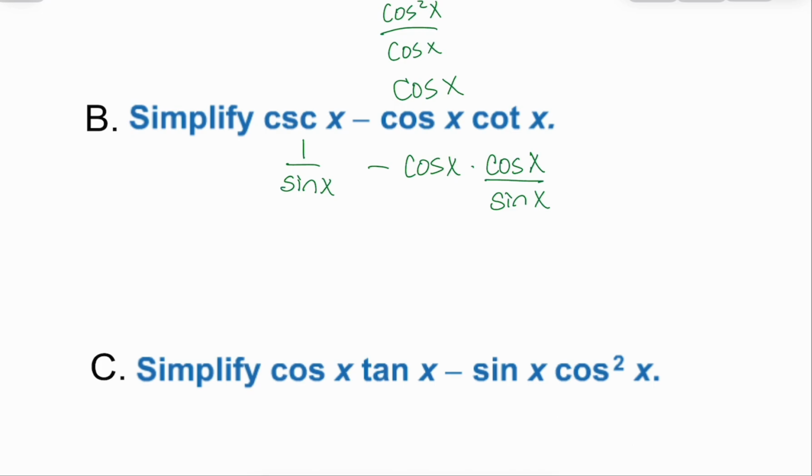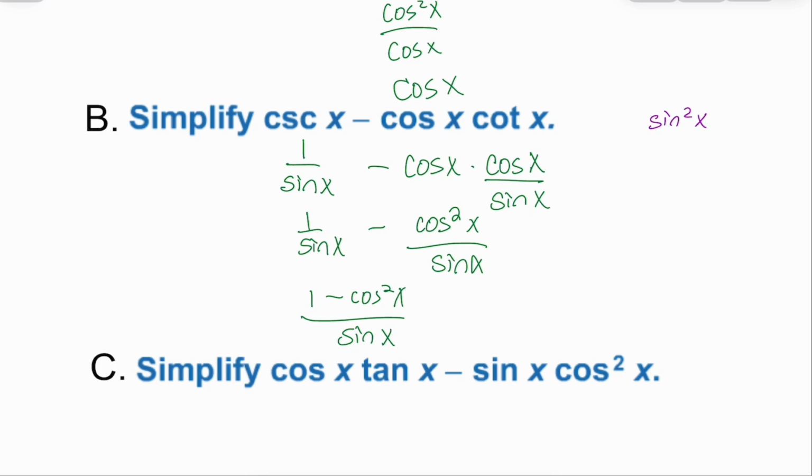Okay, so I'm going to combine these cosines together, just in that notation, so they look a little nicer. And then what I notice is I have common denominators. Common denominators mean that I can add or subtract the tops and write them over one denominator. Now earlier I told you that sine squared plus cosine squared could be rearranged, and it can.